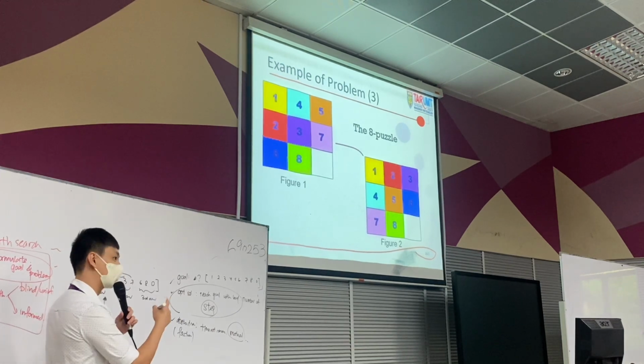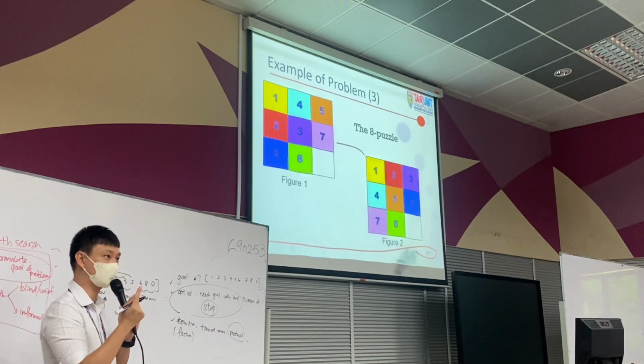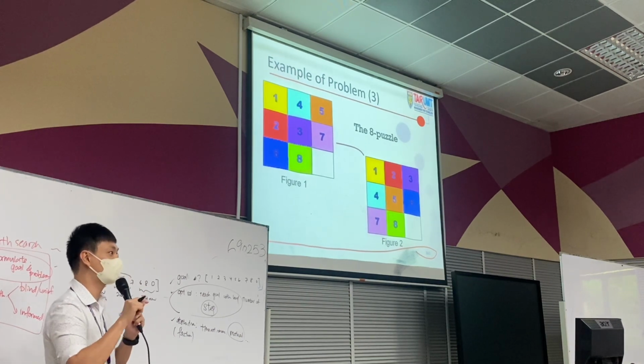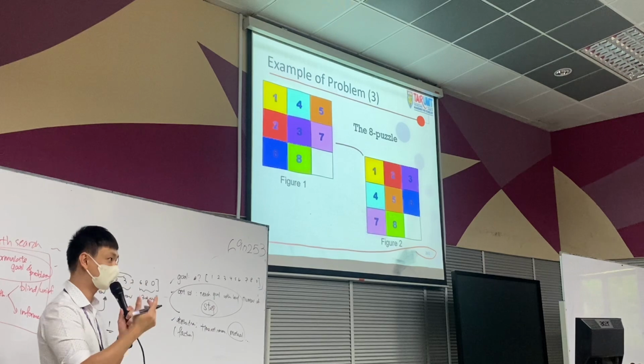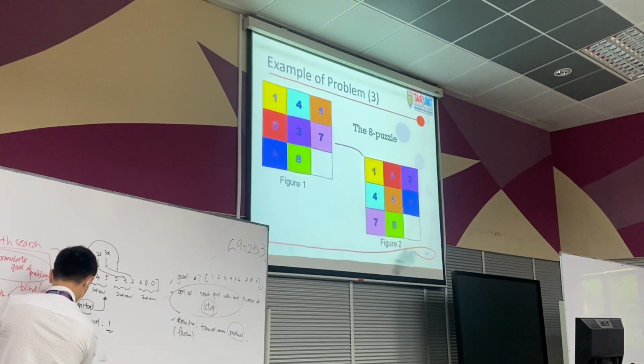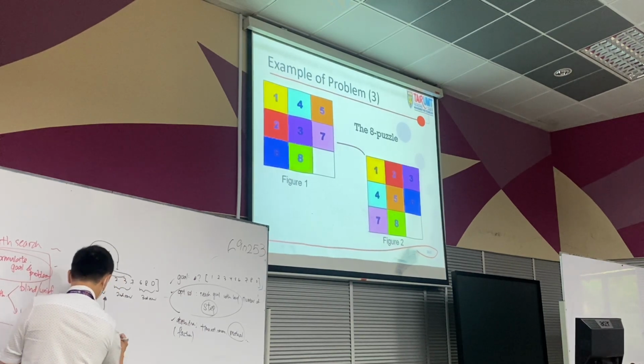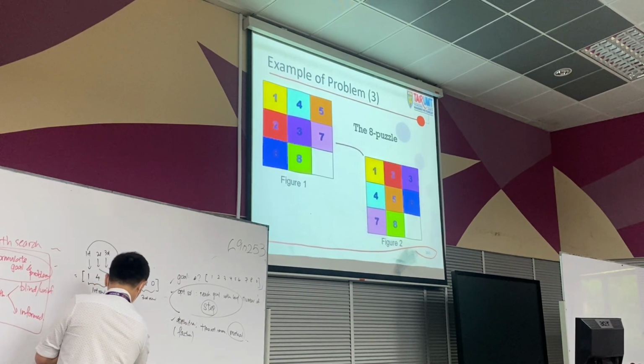It's a step cost in this case. 1. Yeah, because every time you slide, it's equal to 1 step. You cannot slide 2 times, right? You have to slide 1 time each step. Okay, step cost is the cost taken to change one state to another state or the next state.